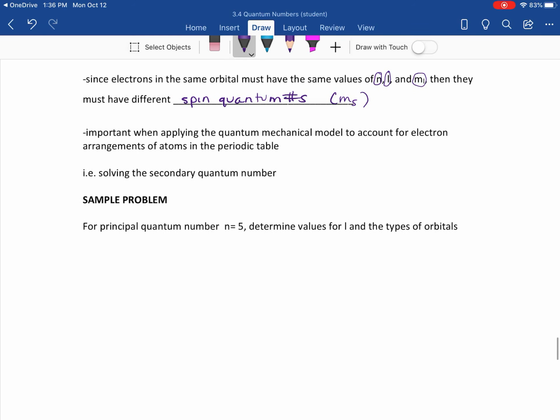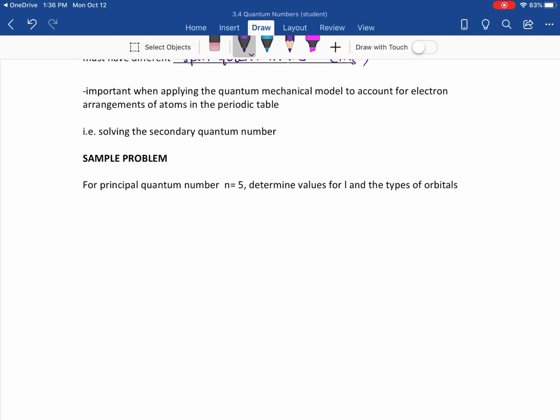So let's give ourselves a question to see if we understand what actually happens here. I'm going to tell you that I'm thinking of electrons that exist in the 5th energy level. Okay, so remember, L equals 0 to n minus 1. So my possibilities for L are going to be L equals 0, L equals 1, L equals 2, L equals 3, and L equals 4.